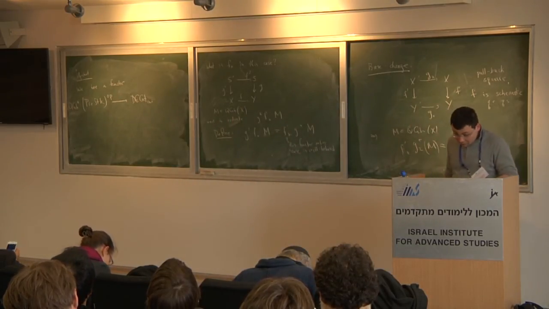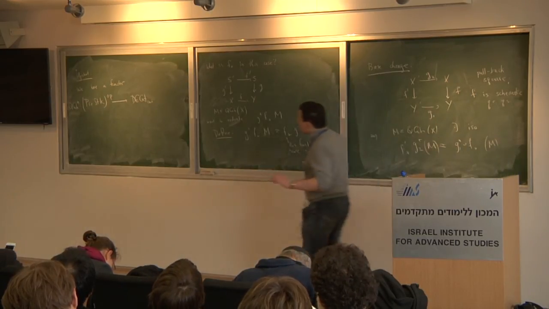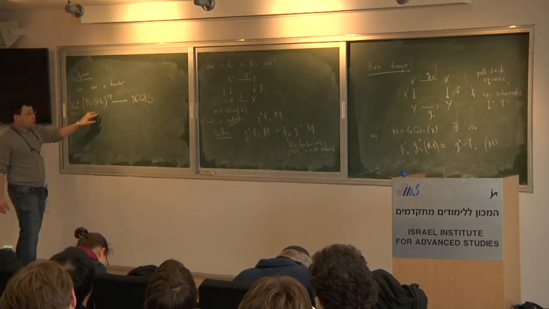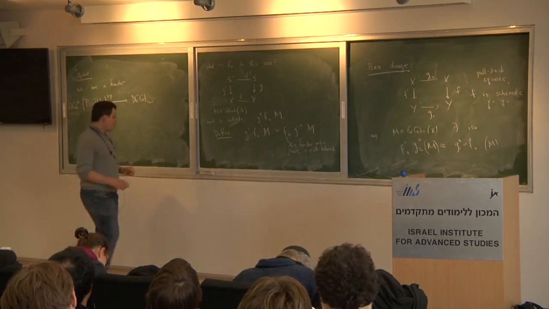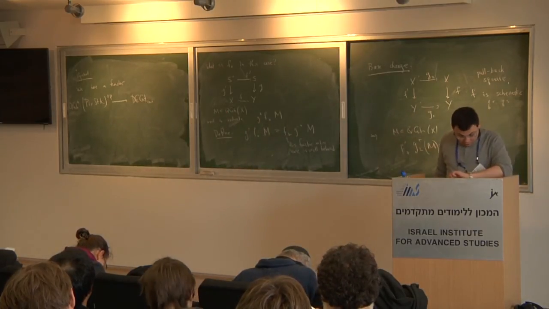We call it quasi-coherent upper star. Upper star means that it's saying what it does on morphisms: to a morphism, you just pull back with upper star.